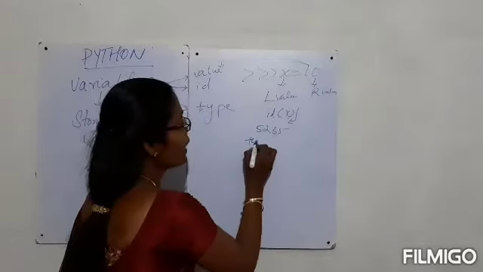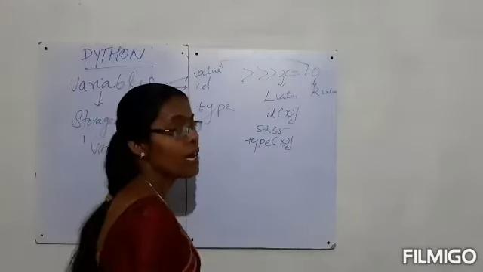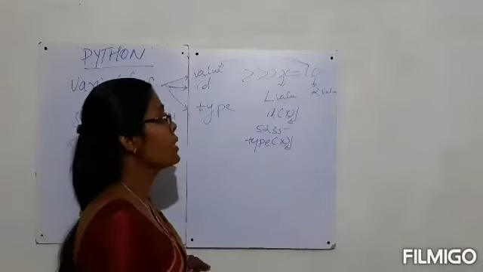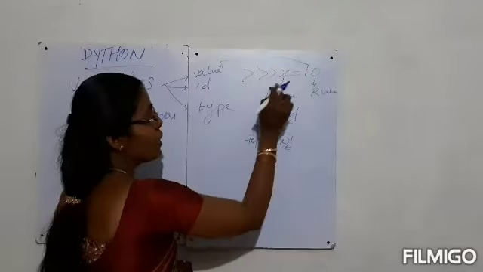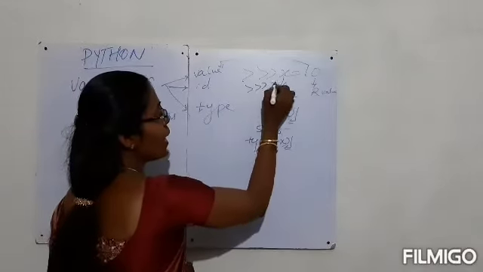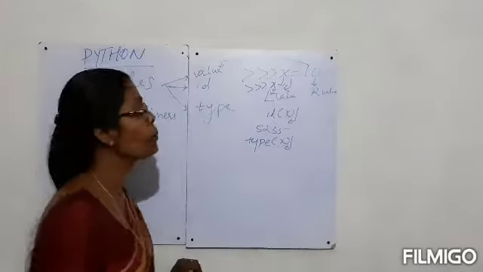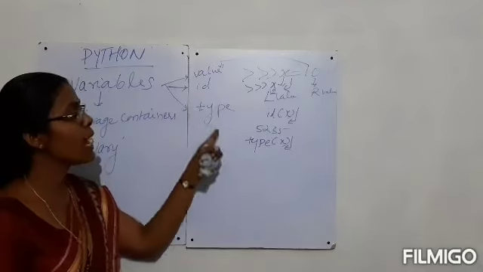If you type type of x, that will return the data type of the specific variable you used in this program. Then value: if you type x equal to 10, and in the next prompt enter x, then 10 will be the output. So it has three main components, value, ID and type.